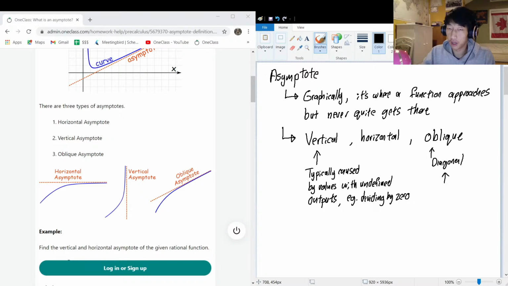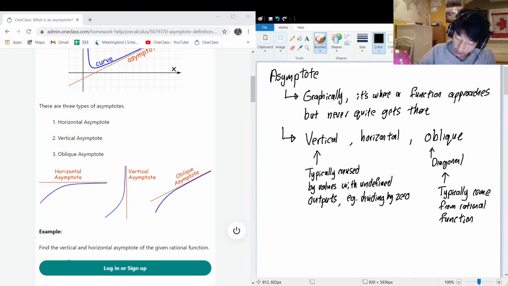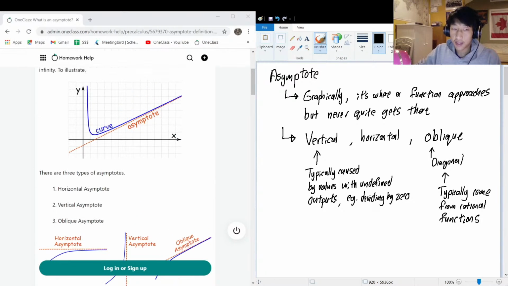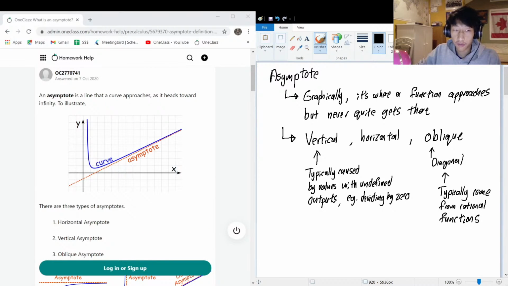You can typically find a horizontal asymptote if you substitute in a very large number. And diagonal asymptotes typically come from rational functions.